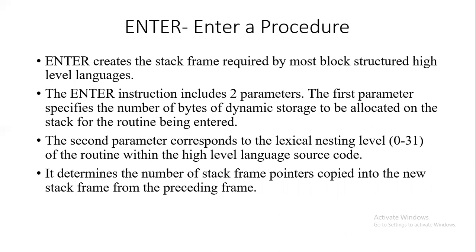Just remember, the first operand specifies the number of bytes of dynamic storage, that is created at runtime, and used to allocate the stack for the routine being created by the enter instruction.